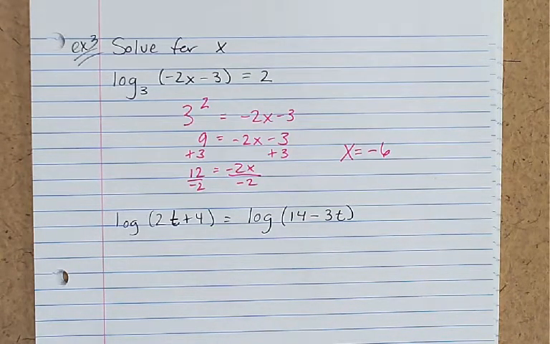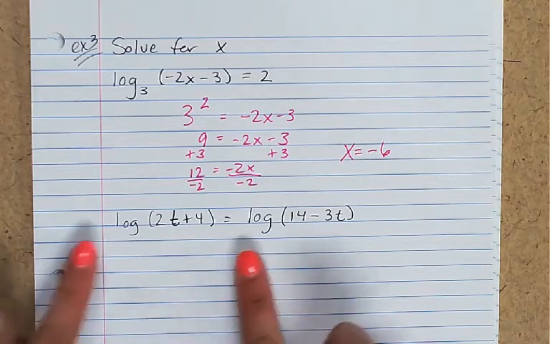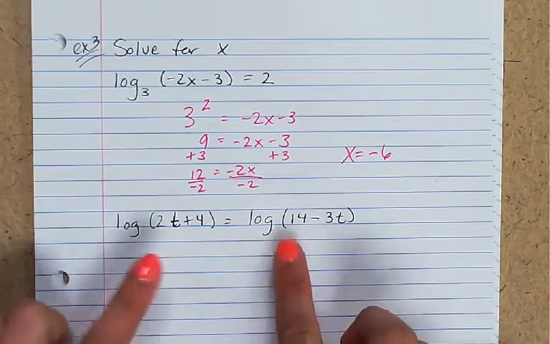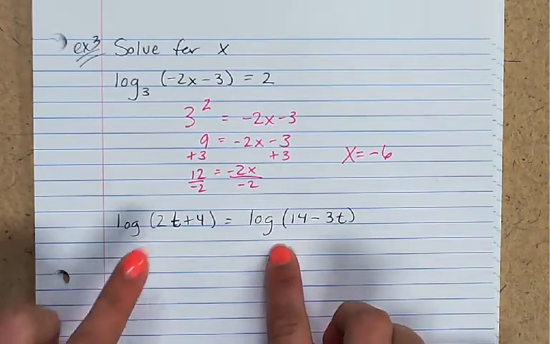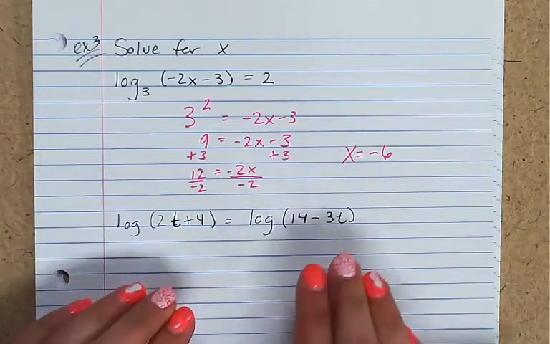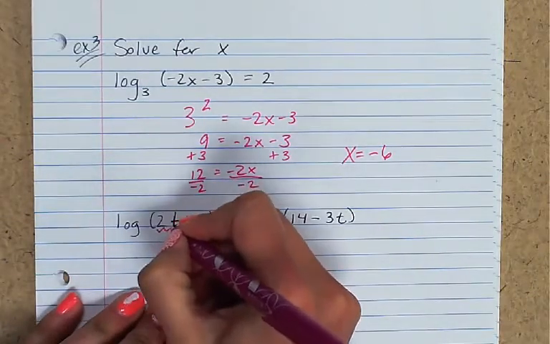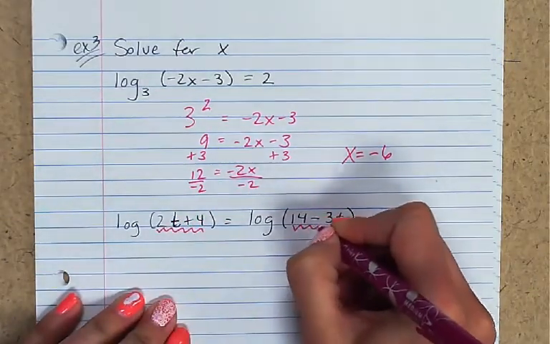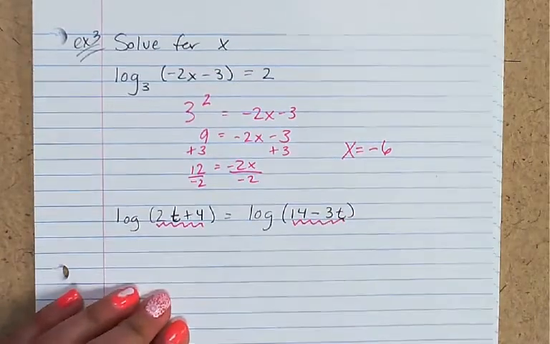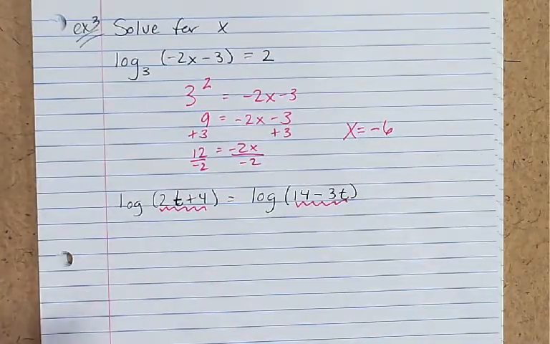Okay, so next. On this one it says log of 2t plus 4 equals log of 14 minus 3t. So since they're logs with the same base, the common log, base 10, for these to be equivalent, this part on the inside has to be the same. They have to equal each other for it to be a true statement.